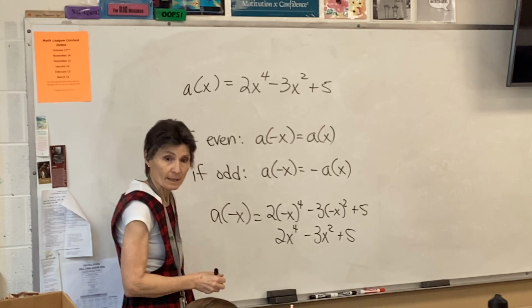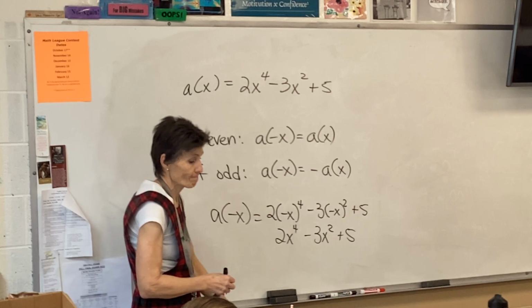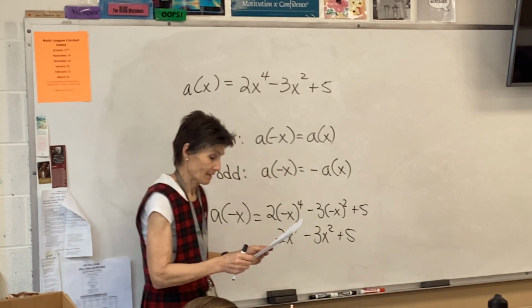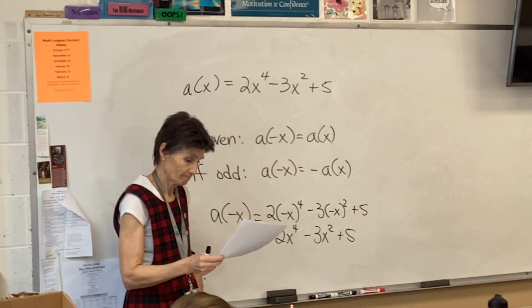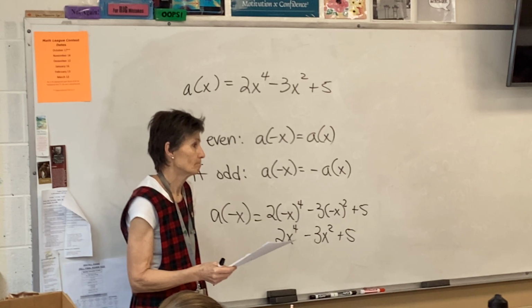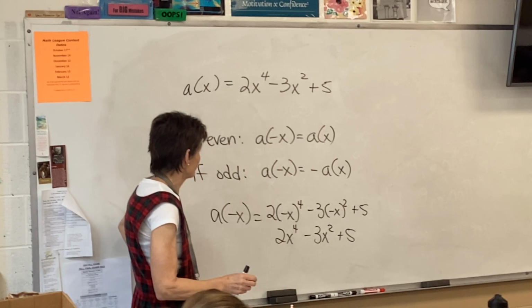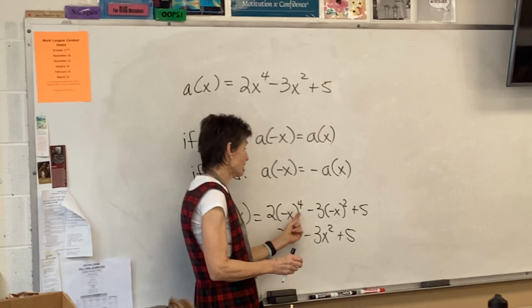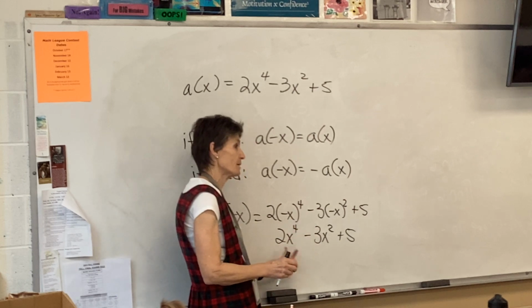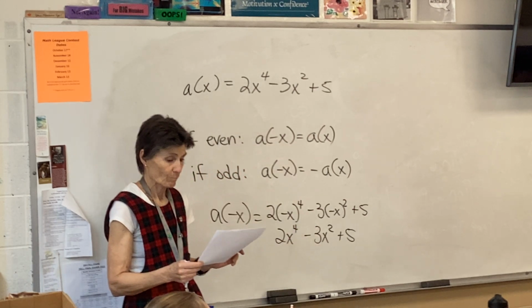Therefore, a is even. If you plug in a negative, you get the same thing as if you plug in a positive. That's awesome. Do you multiply the 2 by the negative x? Oh, never mind. Negative x to the 4th is x to the 4th times 2.